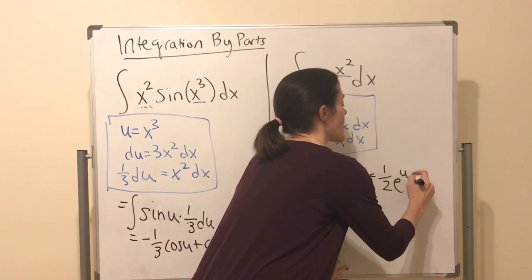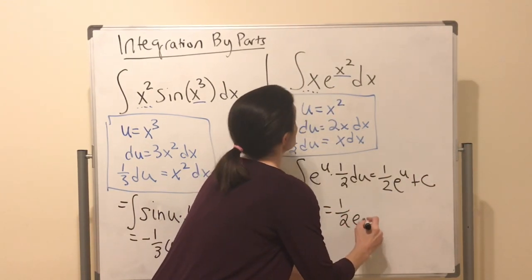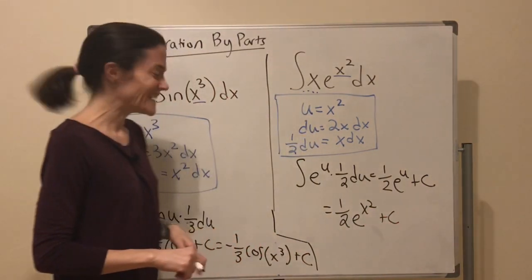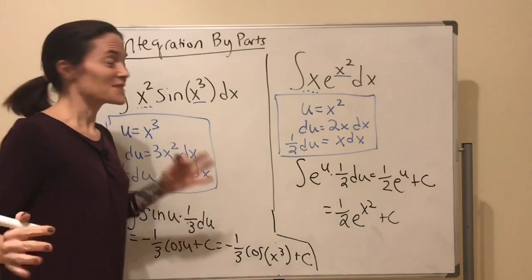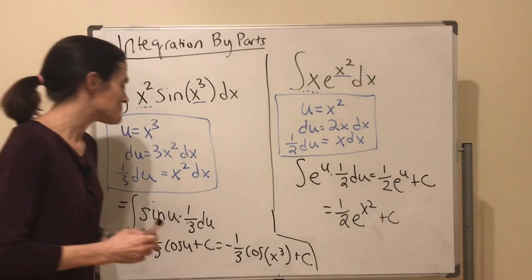Then we have the 1/2 in front. So we get 1/2 e to the x squared plus c. Okay, great. You could even take it as review from last time.